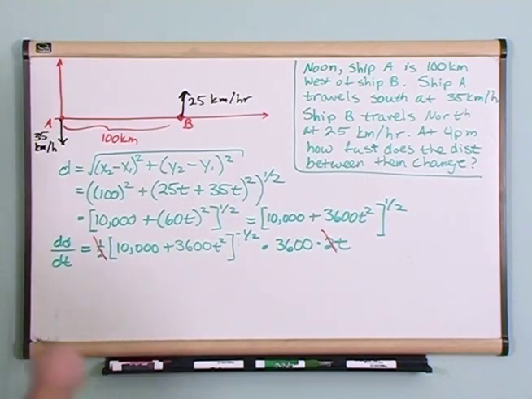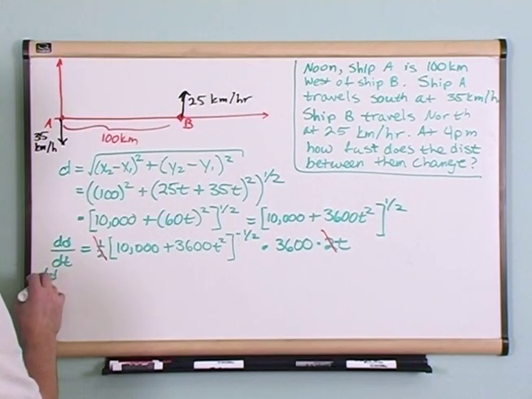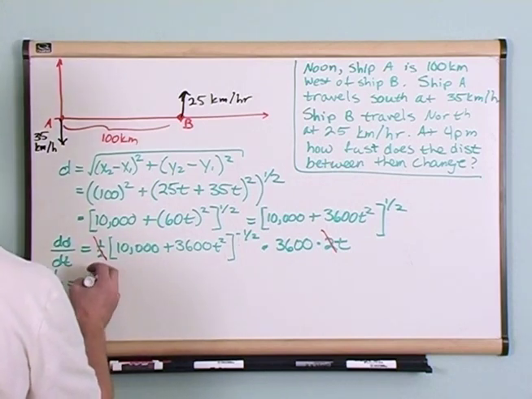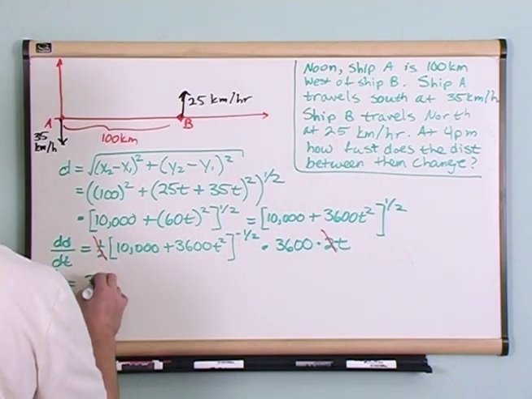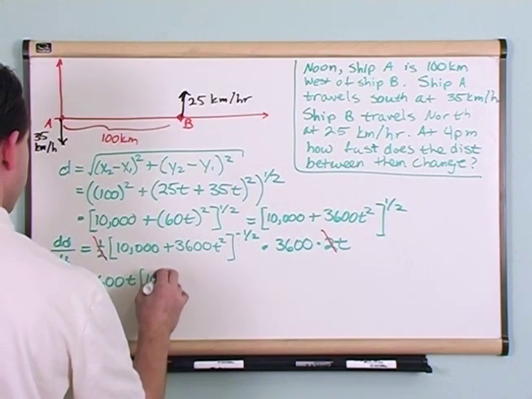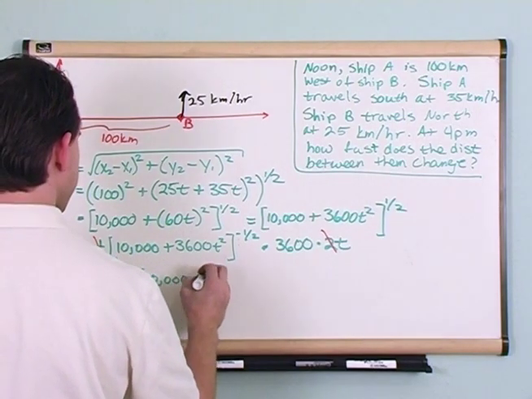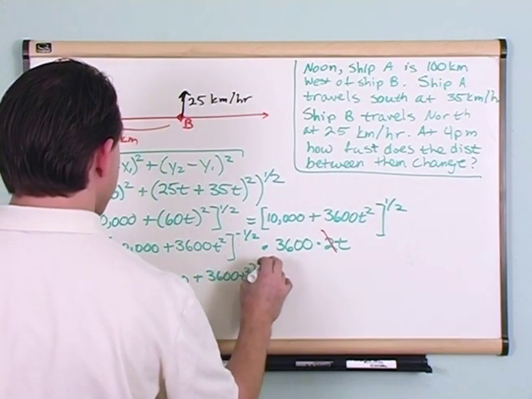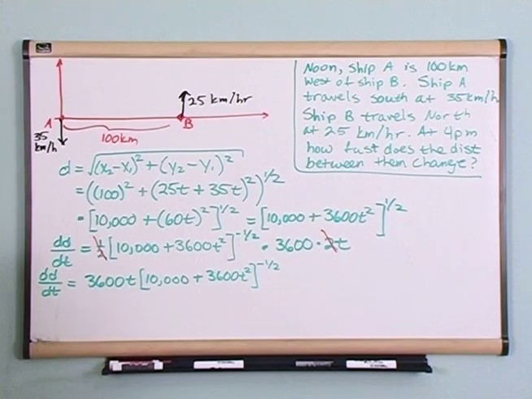And so, in the end, what you're going to have is dD/dt equal to, and I'm just going to basically rewrite this, 3,600 times t times (10,000 plus 3,600 t squared) all to the negative 1/2 power, like this.